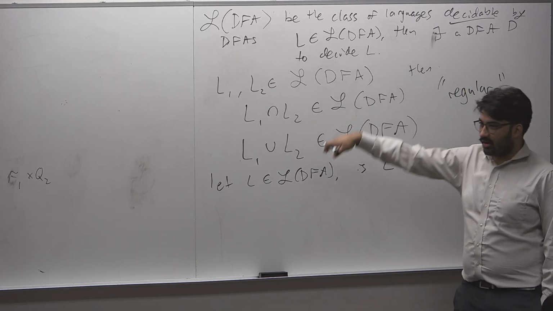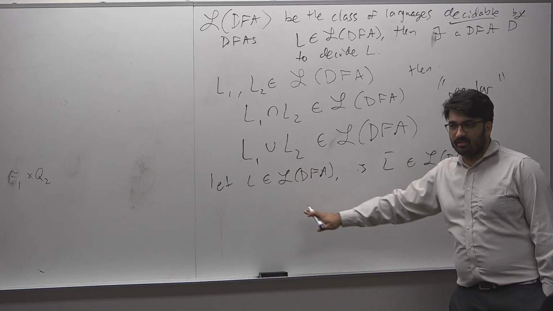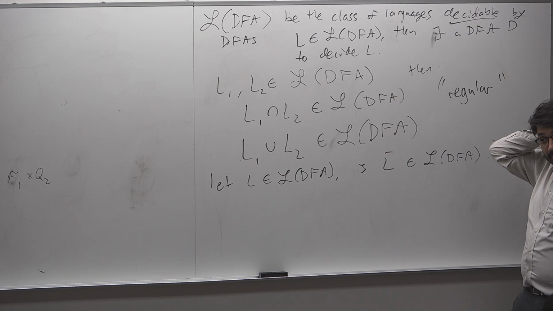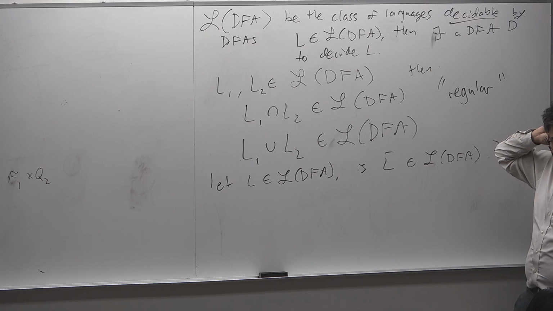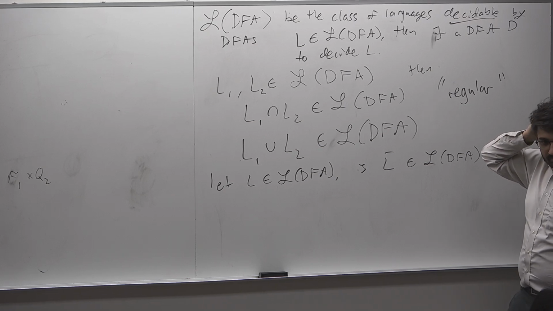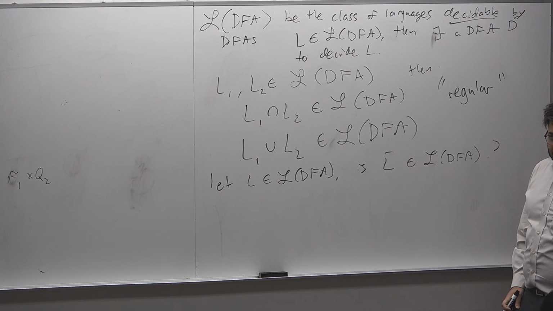Now forget the non-regular languages, forget that other stuff. If you know that the language is regular, is its complement regular or not? Yes. Its complement is regular, why? You can express the set of states that you accept as Q1 Cartesian product Q2.